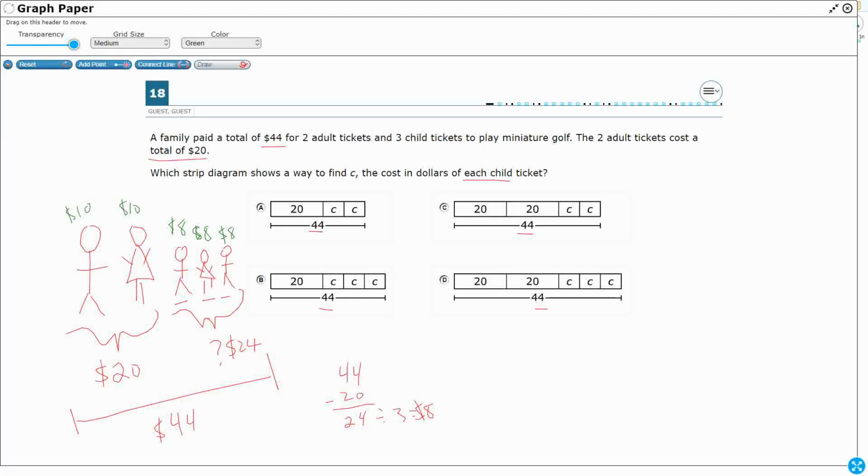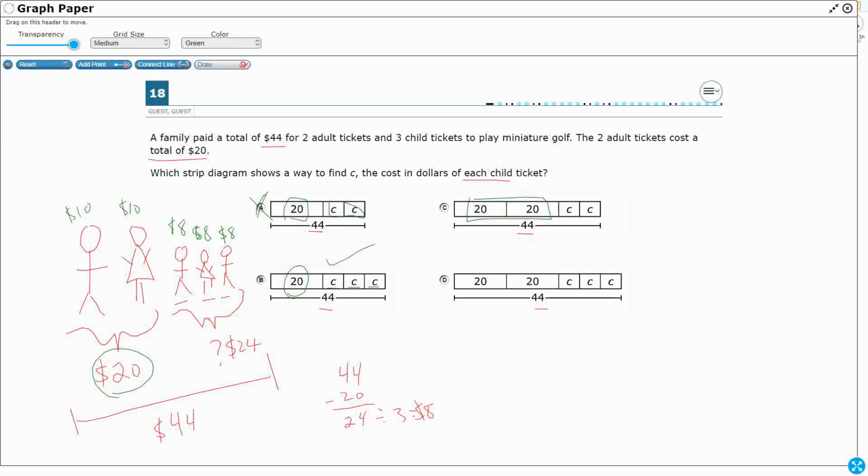All right, so which picture represents that? Well, I've got my 20 here, and then I've only got two kids. I need three, so that's not going to work. B, I've got my 20, and then I've got, yeah, three kids. Okay, so that looks good. Now look what we have with C and D. I've got two 20s. I don't think so.